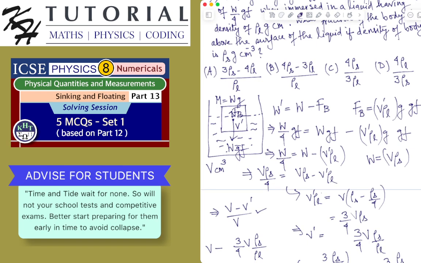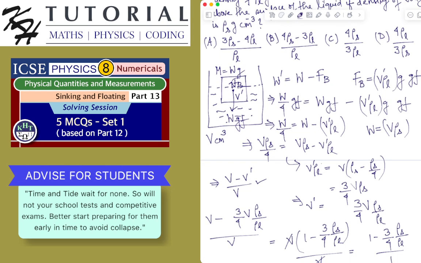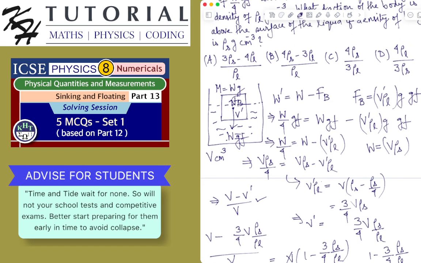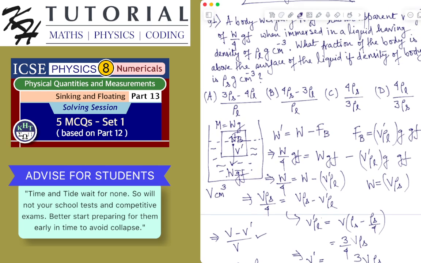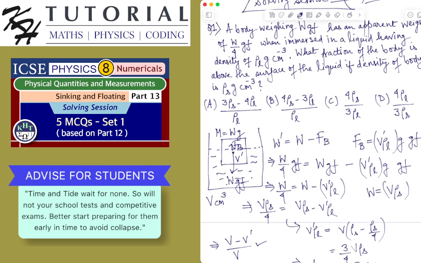So what is W by 4? What is W? W is the mass of the body. Since its weight is given to be W gf, its mass is W. So W will be equal to V into rho S. Okay.